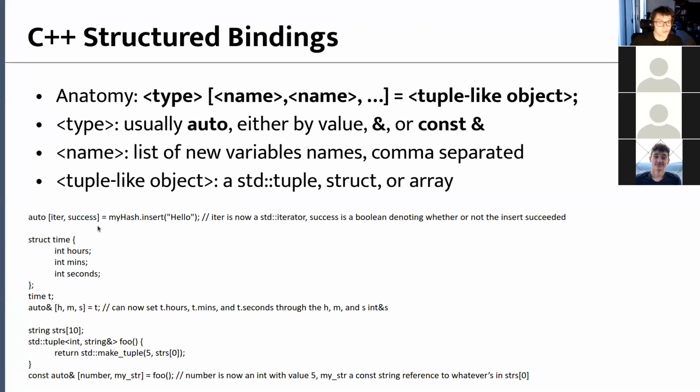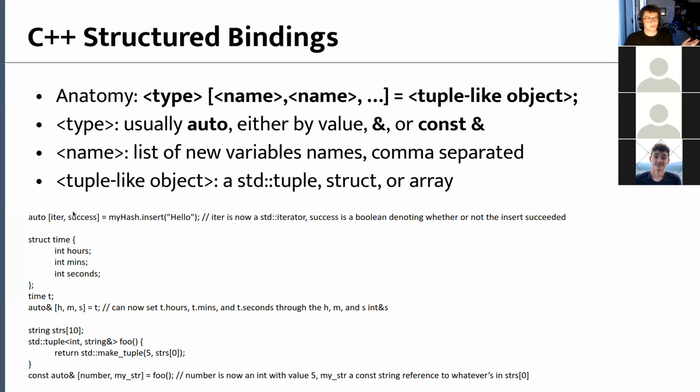So what you could do is, because that is a tuple, you can assign it to this structured binding, which has the type auto, and it's going to initialize this iter thing, which is not yet a variable, but after this line it will be a variable. It's going to initialize iter with the iterator pointing to the newly inserted object, and it's going to initialize success with the Boolean denoting whether or not the insertion was successful.